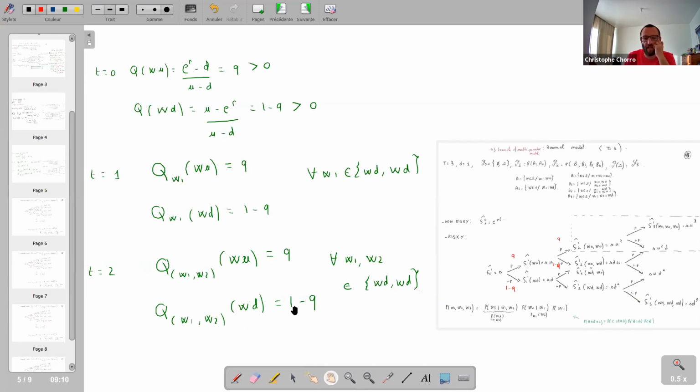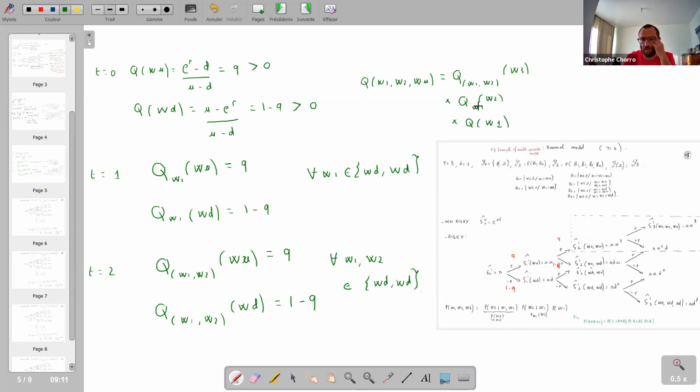So it means that at the end, I will be able, as I have said, to compute Q of (ω1, ω2, ω3) using my decomposition: Q of (ω1, ω2, ω3) is the conditional probability Q of ω3 given (ω1, ω2), multiplied by Q of ω2 given ω1, multiplied by Q of ω1.